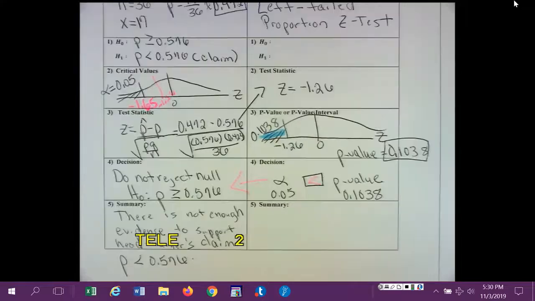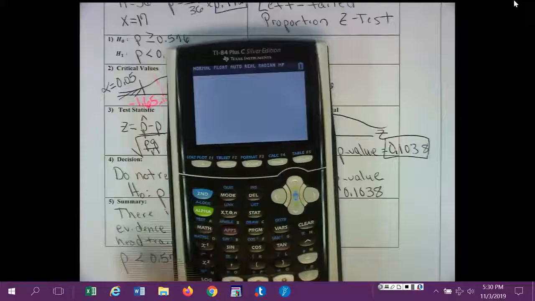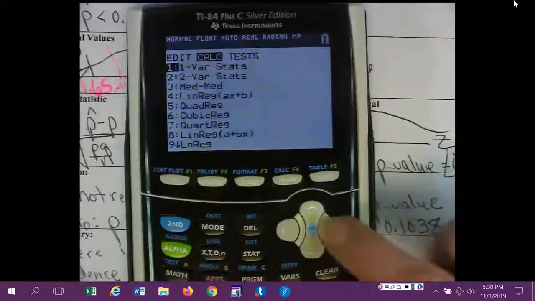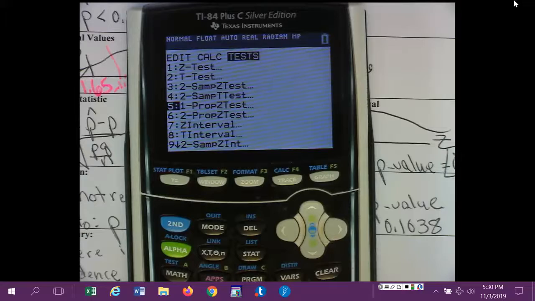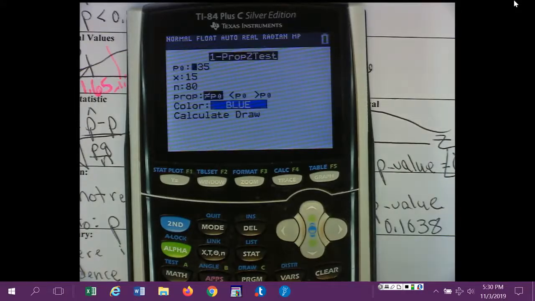Calculator time. You will go to Stat, and you will arrow over to Test, and it is number 5. It says 1-PropZTest. Enter. P sub 0 is the hypothesized proportion of 57.6%, but you have to put it in as a decimal, 0.576.